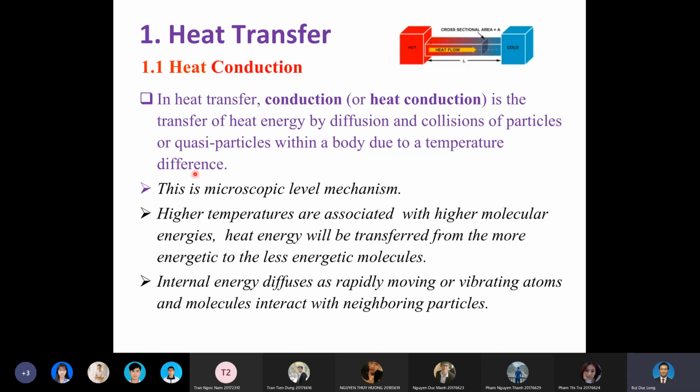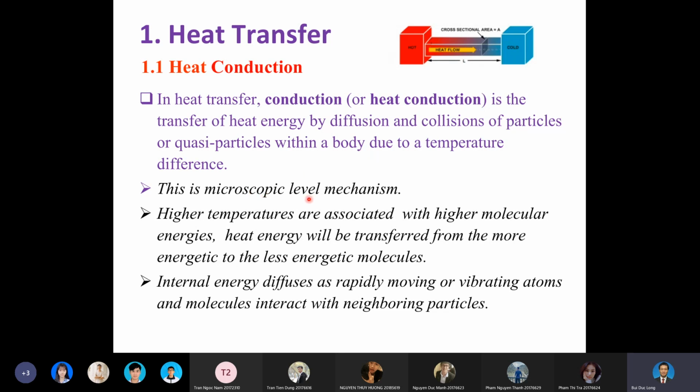This above definition is for a microscopic level mechanism.